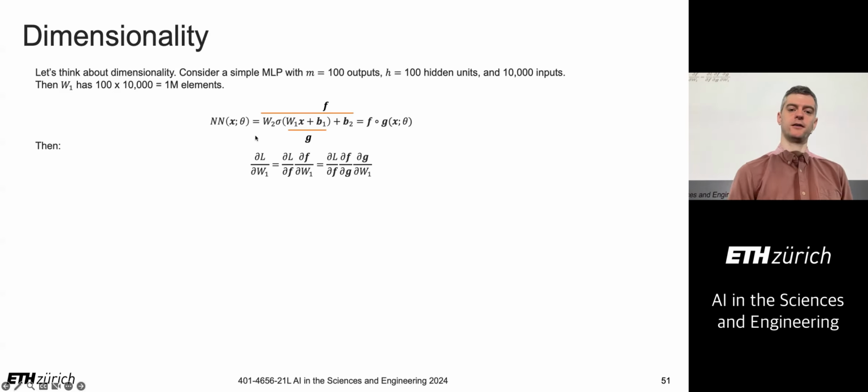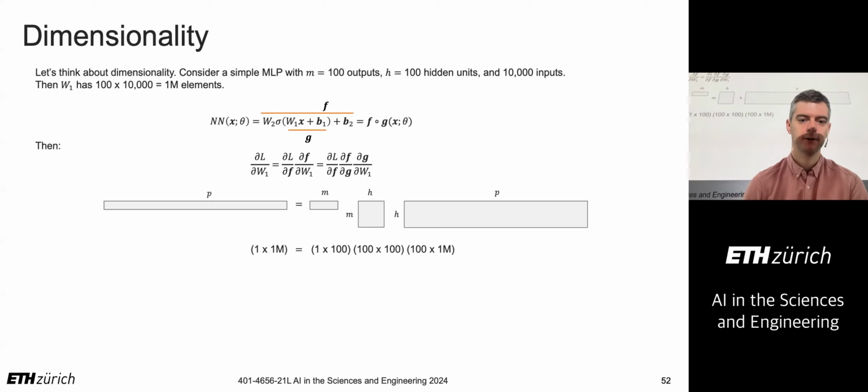So then we take the gradient of our loss function with respect to our weights. This is something that we want to evaluate when we do gradient descent. This can be decomposed using the chain rule to get it with respect to the output of the network, then the output of the network with respect to the first hidden state, and the hidden state with respect to the weights. Remember, the weights is a matrix, but we could just think of that as a vector if we flatten it, and you could define the Jacobian like that.